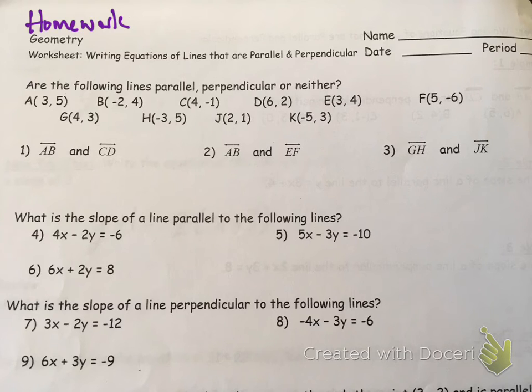Okay, so go back to example 1 in order to solve numbers 1, 2, and 3. So first you find the slope of the segment AB, or the line AB. And then you find the slope of the line CD, and you compare them. If they're the exact same numbers, then you know those two segments are parallel. Then you find the slope of EF and compare that to the slope of AB, and that's in number 2.